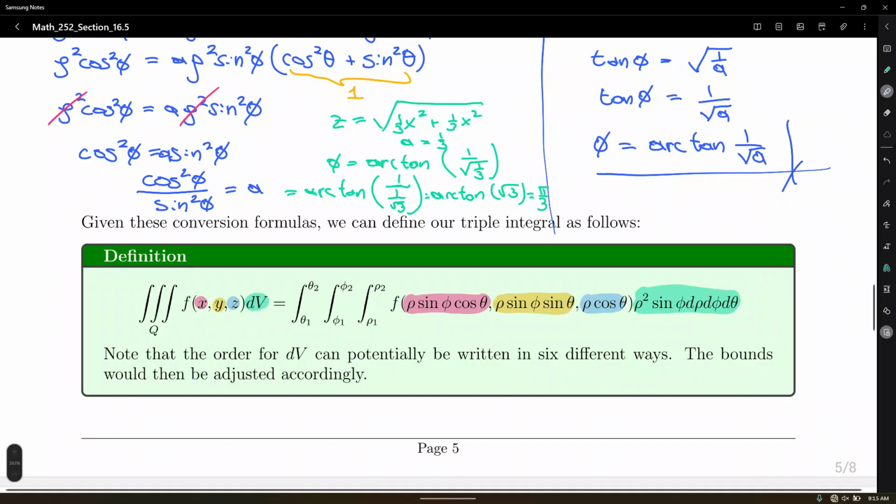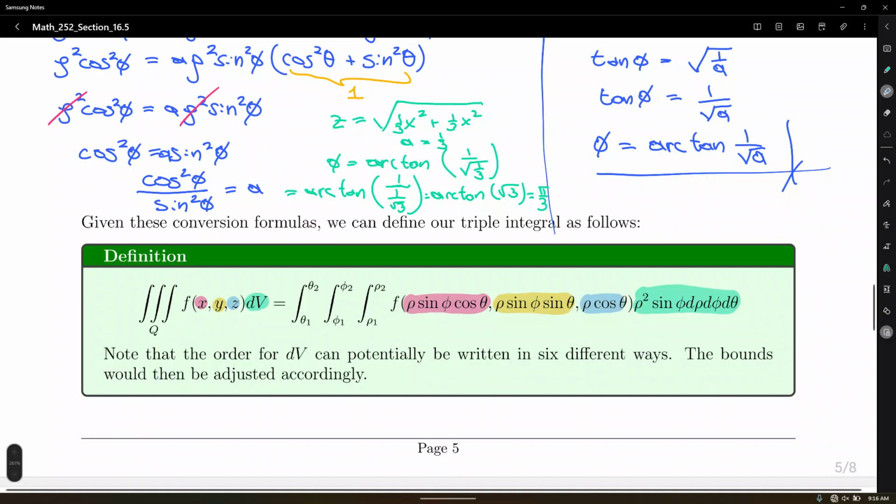What about the limits of integration? The innermost limits of integration are rho 1 and rho 2. This rho, the radius of the sphere, applies where we're integrating over a very simple sphere. However, what if the solid is not a sphere, for instance? What if it's bounded above by a plane or maybe by a cone?